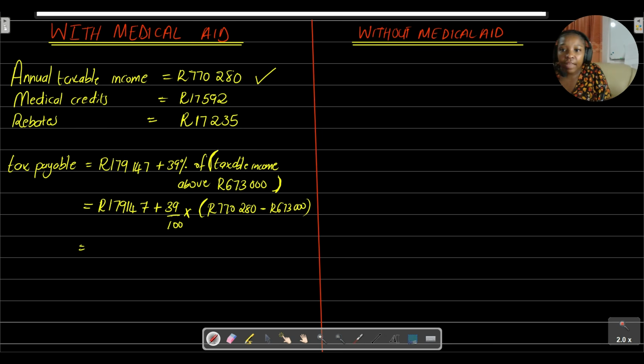Okay, cool stuff. Show all the bits and pieces. I've been saying this. So it's going to be 179,147 plus 39 over 100 multiplied by what's this amount there? 770,280 minus 673,123.